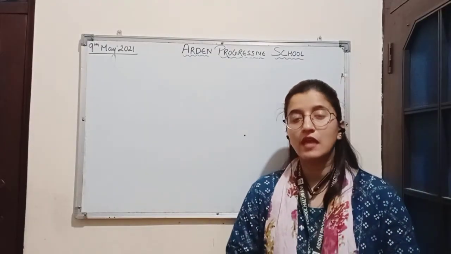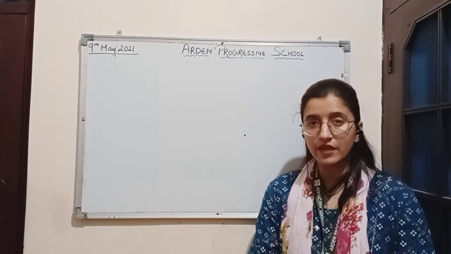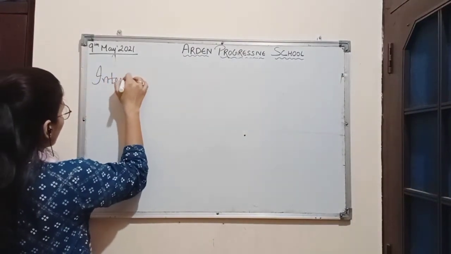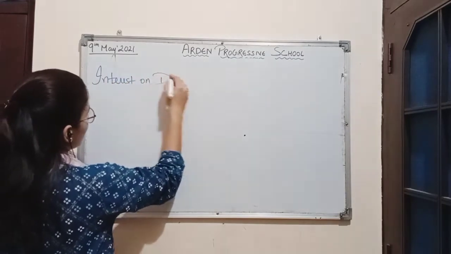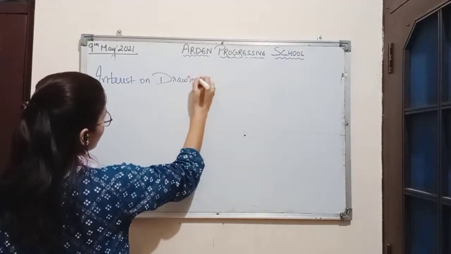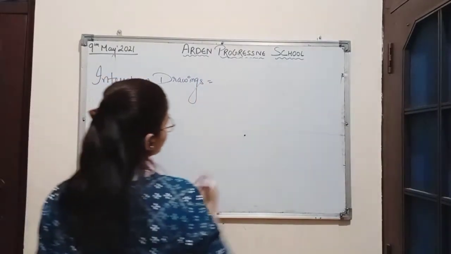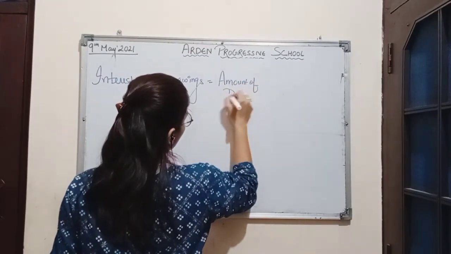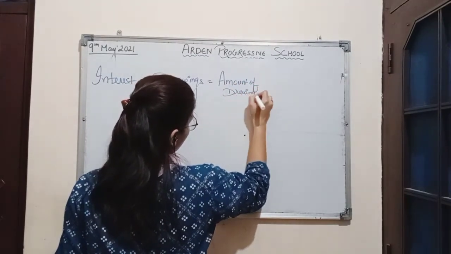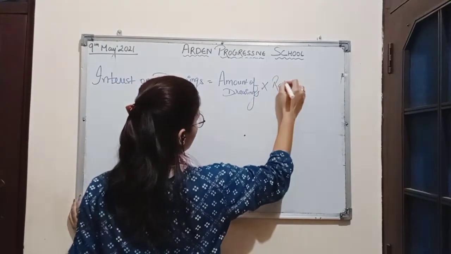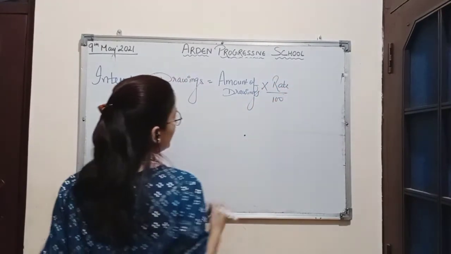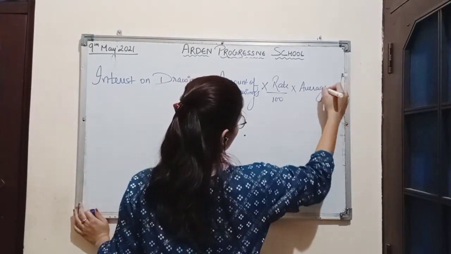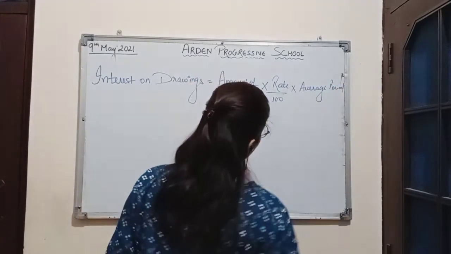So the formula to calculate the interest on drawings in every case will be: interest on drawings is equal to amount of drawings multiplied by rate upon 100 multiplied by average period.